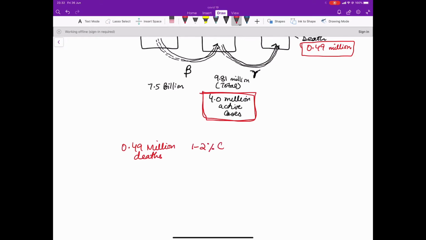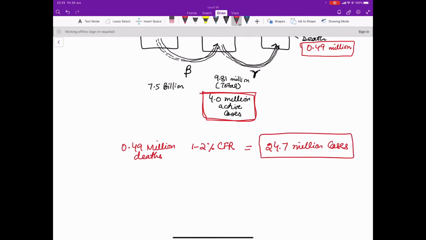So let's say if 0.49 million people have died, and they are 2% of the total cases, then we can get the actual number of cases from these deaths. 0.49 million deaths would equal 24.7 million cases. So this would be the actual number of cases.